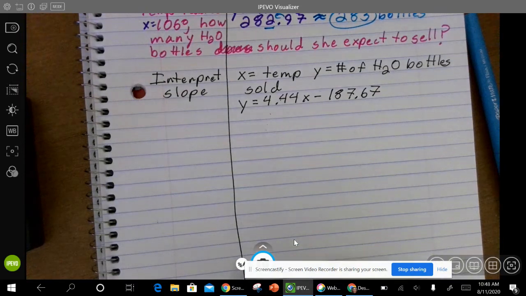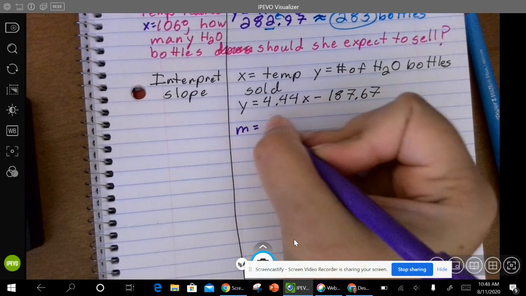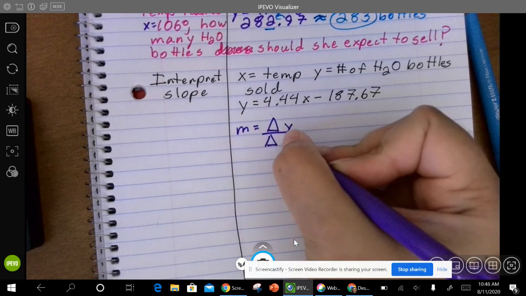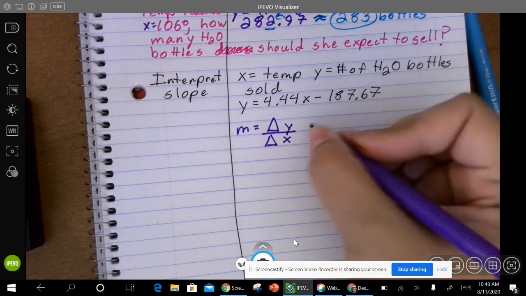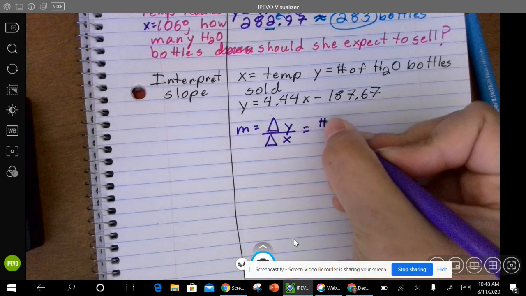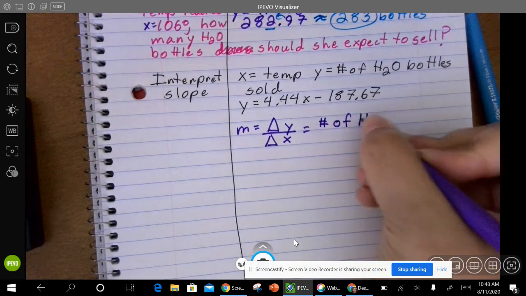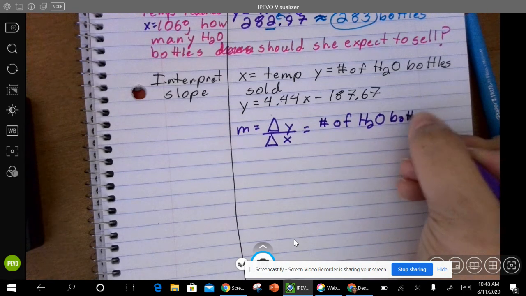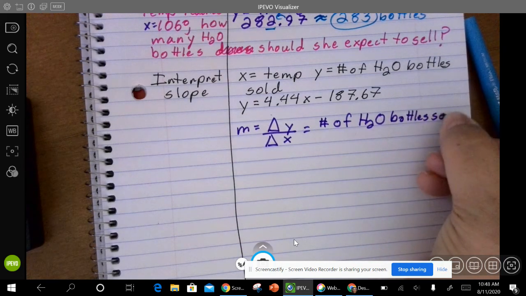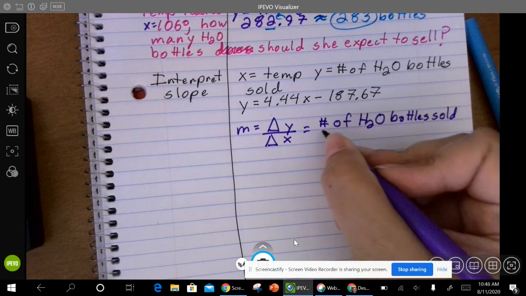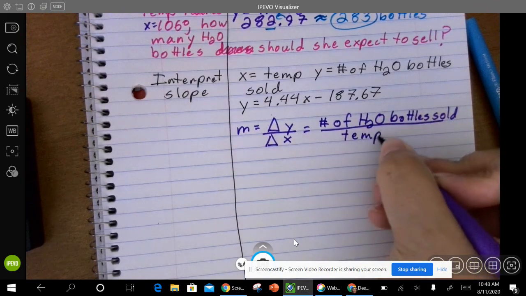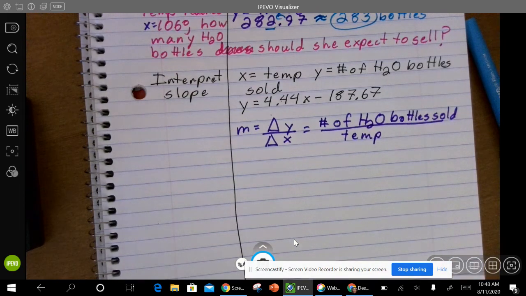So slope is going to be equal to the change in y over change in x, and everybody, that's just the Greek symbol delta, which just means change. Change in number of water bottles sold over the change in temperature.